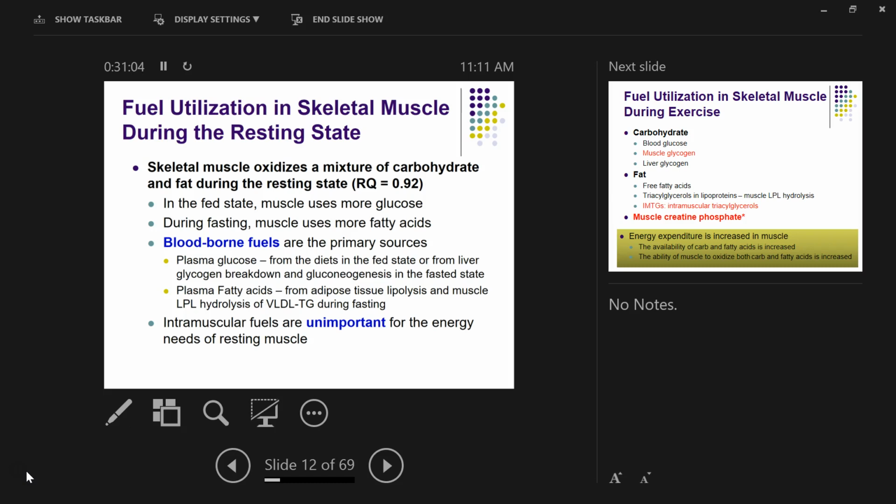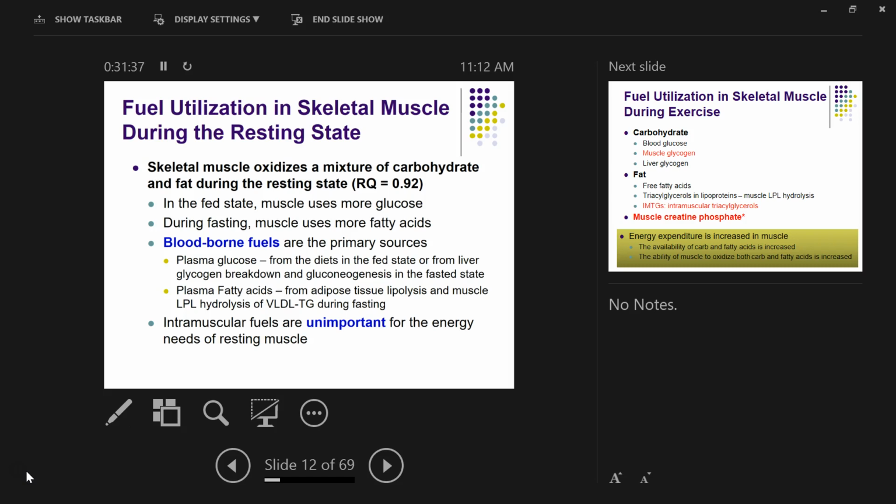During fasting, muscle also gets glucose from the circulation, but this glucose usually comes from the liver, through liver glycogen breakdown and gluconeogenesis. Most importantly during fasting, the fat tissue releases fatty acids, so muscle also picks up the fatty acids from the circulation, which initially come from the adipose tissue.